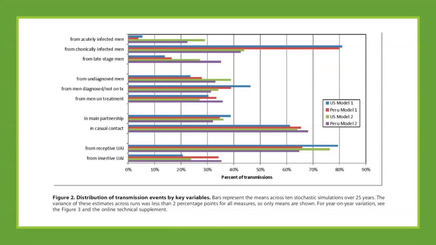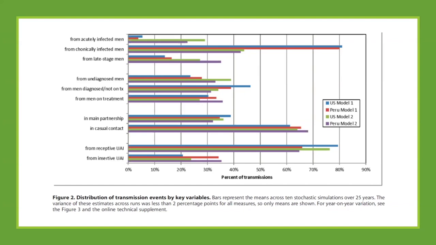This is a little tricky to read because we have 2 competing models for how viral load relates to probability of transmission. And then within each of those, we have the US model and the Peru model. But for instance, I think one of the things that got a lot of attention at the time was up here, looking at the contributions of acute versus chronic infection.